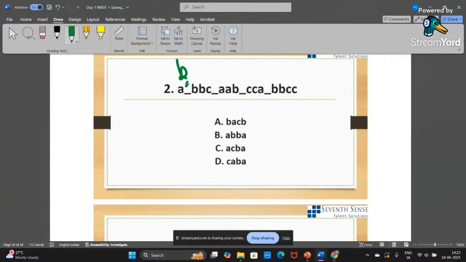If you fill B here, A, B, B, B, C, A, A, B, C, and B. Okay, let us read out now. A, B, B, B, C, A, B, C, C. So this is not in the proper sequence.